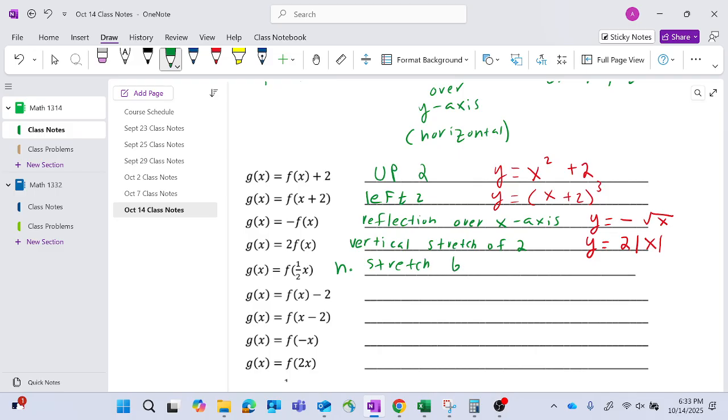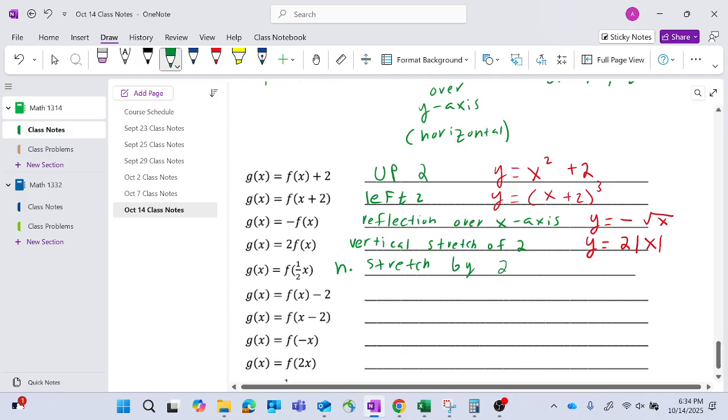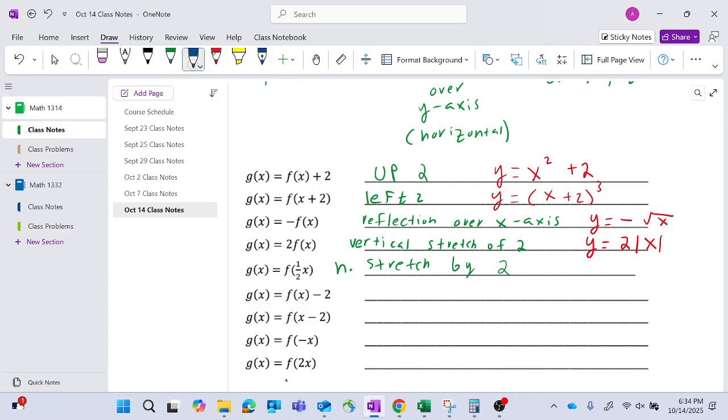And it's going to be a stretch by flipping the number 1/2 to 2 over 1. So just 2. And an example here could be something like y equals, let's say, 1/2 x all squared.